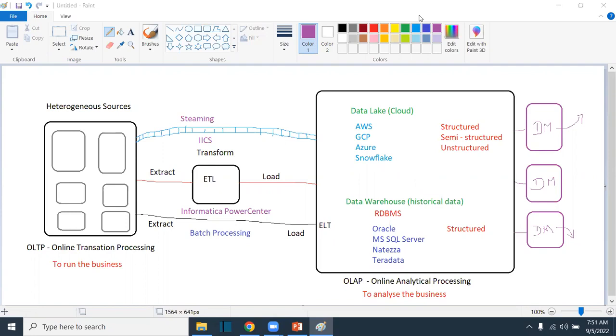Whatever new project is coming up, if they are going to IICS, they will do it on IICS. The old projects are still running on Informatica PowerCenter. They will have a migration plan for all the components, with a cutoff date. They will decommission the old servers and move to the new servers.